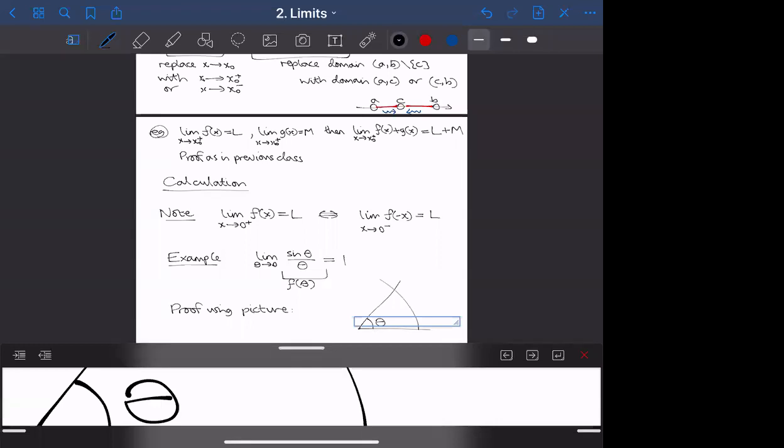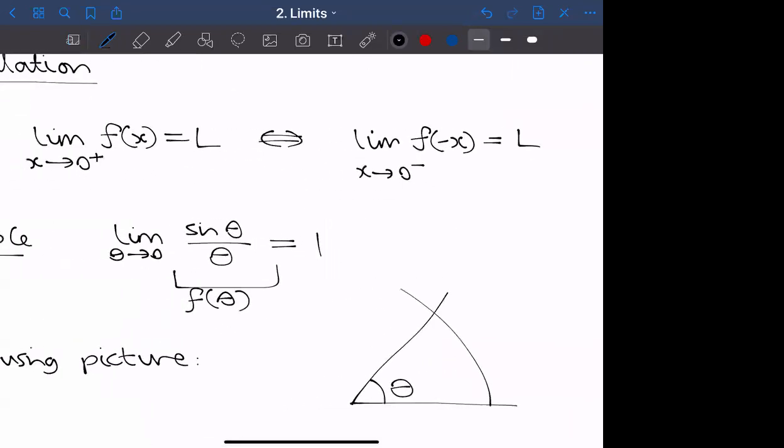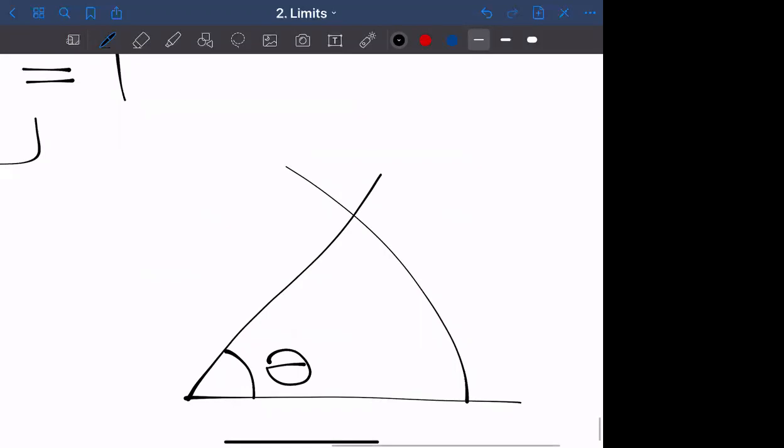And now I want to calculate sine theta over theta from this diagram. So actually I can't quite do that, but I can get close enough to calculate the limit. So let me show you how.